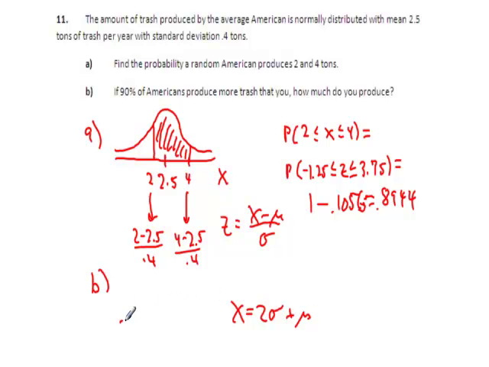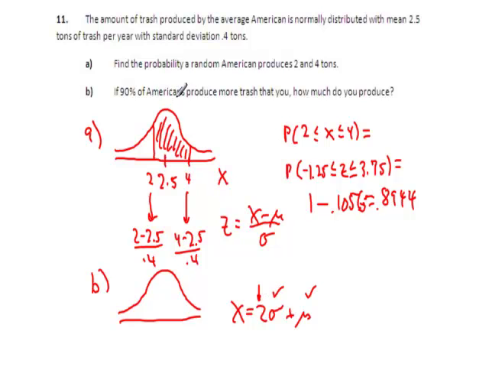And what we have to do is draw our normal curve. Now, we're given what mu is, that's 2.5. We're given what standard deviation is, that's 0.4. We just don't know what this guy is, the z-score.